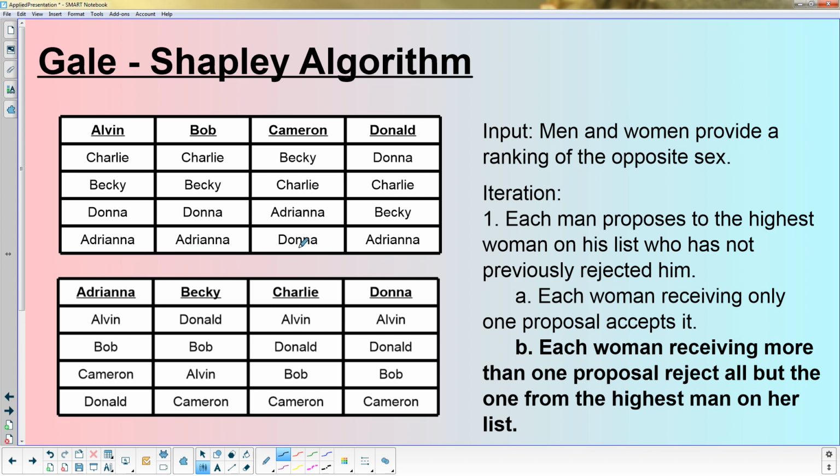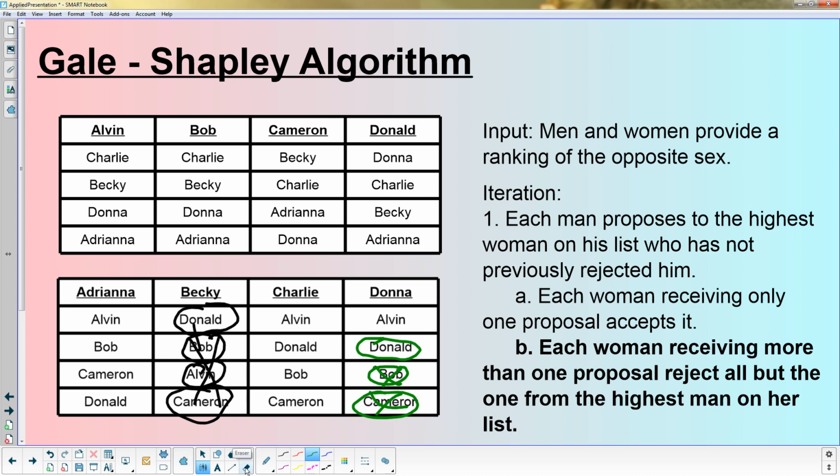So if Becky, for instance, receives a proposal from everyone, from Donald, Bob, Alvin, and Cameron, she's going to reject all of them but her top one, which is Donald. Similarly, if in one round Donna was proposed to by Donald, Bob, and Cameron, she would reject Bob and Cameron and only take Donald's proposal.